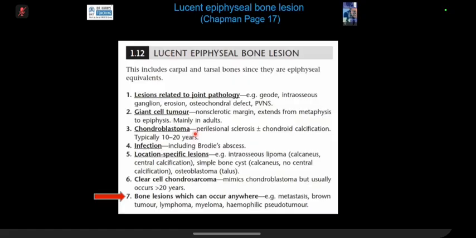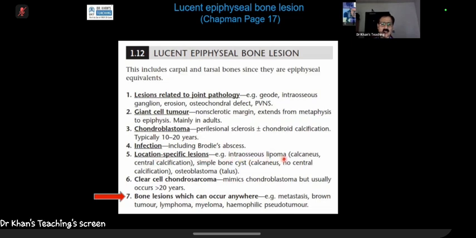I think it can be again a pseudotumor of the calcaneum. So I am expecting you to consider these things and then rule them out or rule them in. Location-specific lesions: intraosseous lipoma, calcaneum, central calcification. So you have to tell me.